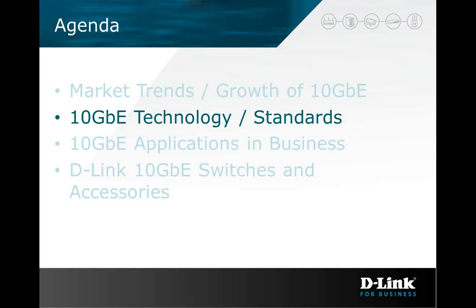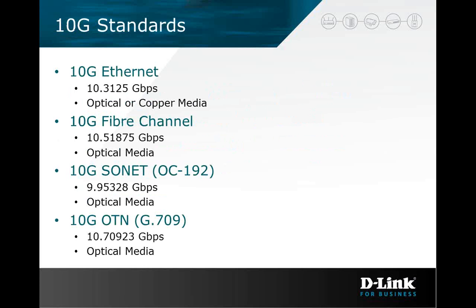Now what I'd like to do is transition over and talk about 10 gig Ethernet technology and the IEEE standards that define that. And I want to start by setting expectations. When people say 10 gig, they may be talking about Ethernet, they may be talking about fiber channel, they may be talking about 10 gig SONET, which is used in the service provider industry, also known as OC192, maybe OTN, optical transport network.